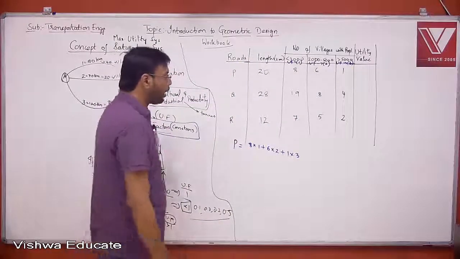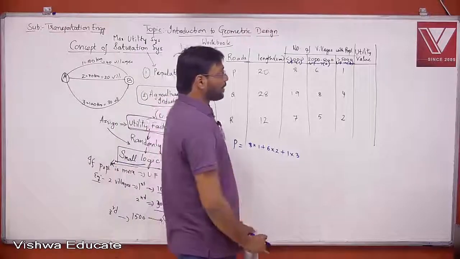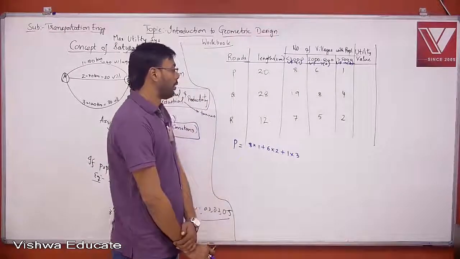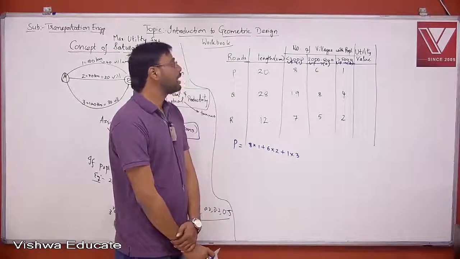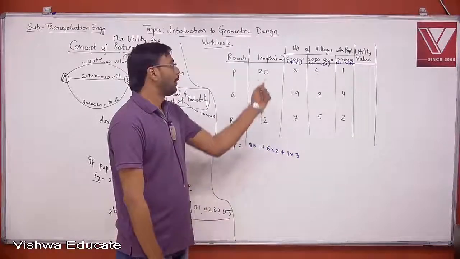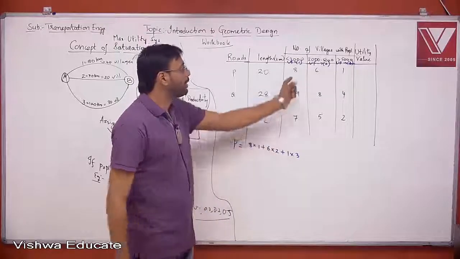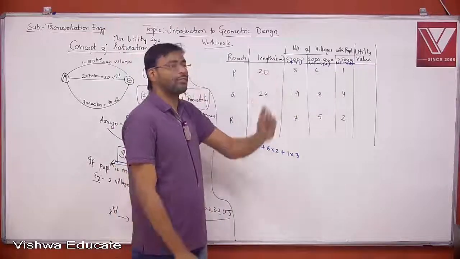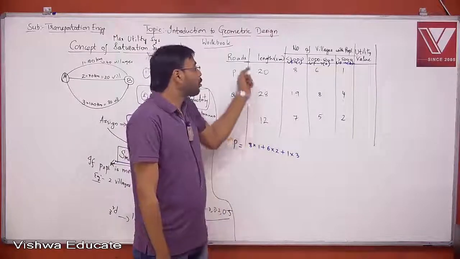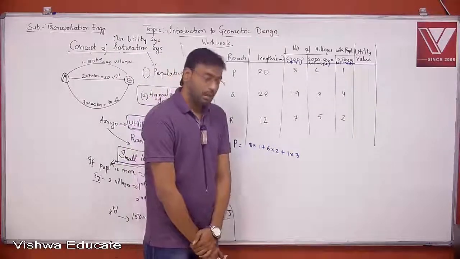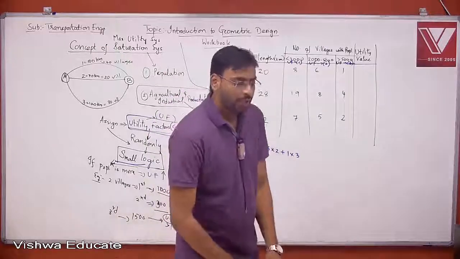Now, this utility value that I have calculated is for 20 kilometers. This many villages exist for 20 kilometers. And each road has a different length.